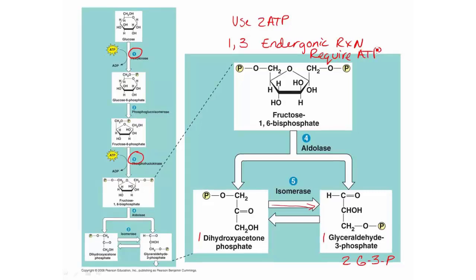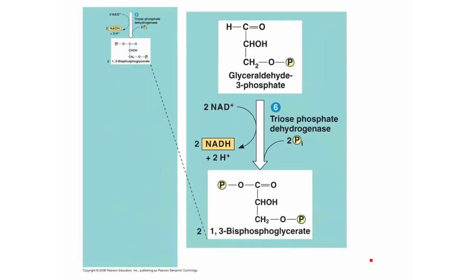If they were exergonic, they would not have required energy to actually make them take place. So at this point, we're in a deficit. We have not gotten any energy out of our glucose that we started with. We are going to take these 2 glyceraldehyde 3-phosphates and we will process them further in the energy payoff phase.